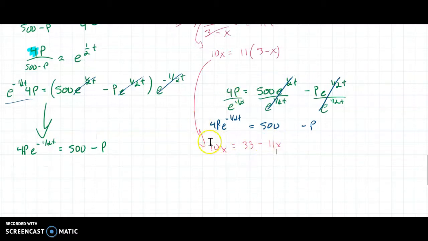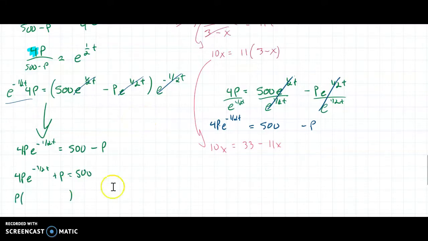What would you do? You would move the 11 over. So this guy right here is this p, and it needs to be moved over. So if I do that, I get 4p times e to the negative 1/2 t plus p, that's this one moved over, equals 500. And now notice I can factor my p out.